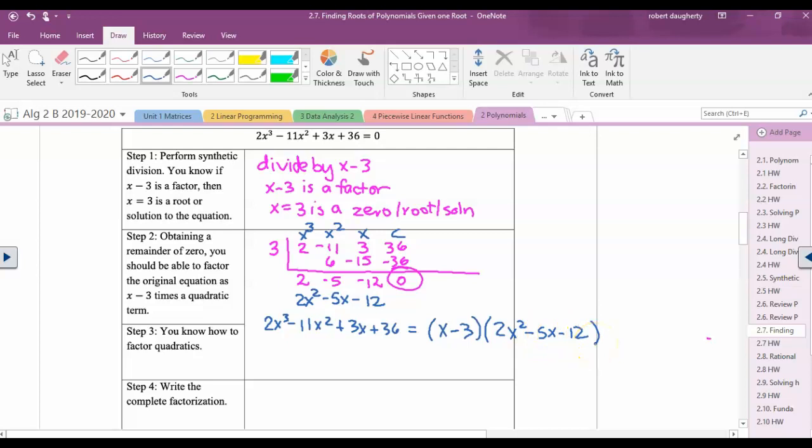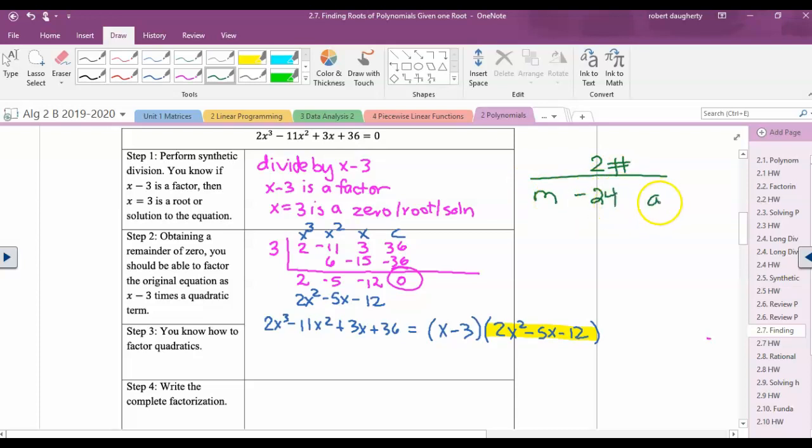Okay? If my goal is to factor this completely, where do you think I need to spend my time now? Yeah, on this guy right here. So I need to spend my time right there and see, does that factor? Okay, this will factor, and we've done this method many times, if I can find two numbers that multiply to what?